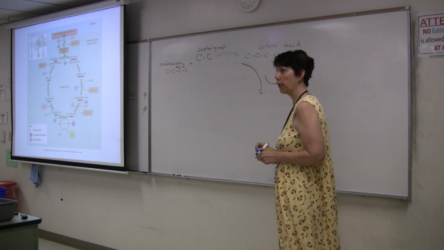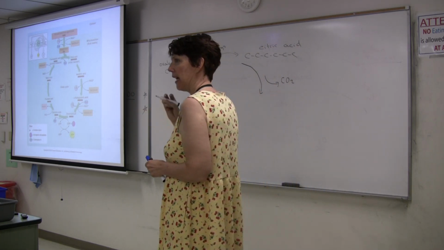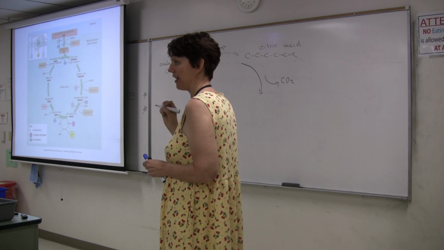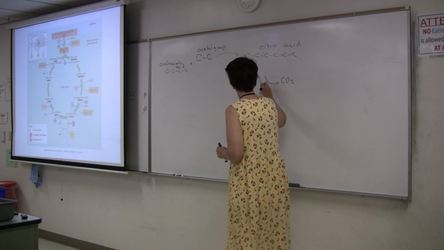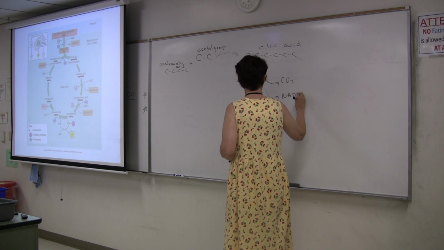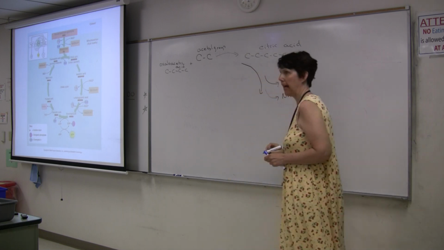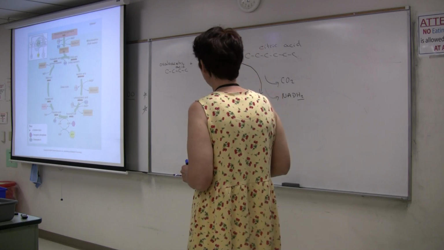The loss of our 3rd carbon. So whenever we split off a carbon, it diffuses out of the cell as carbon dioxide. When that carbon is lost, additional hydrogens are lost and bound to a coenzyme, which is going to transport them to the crista of the mitochondria.